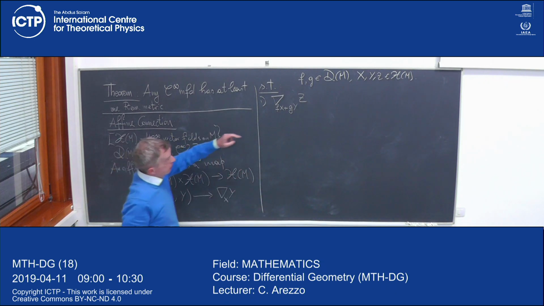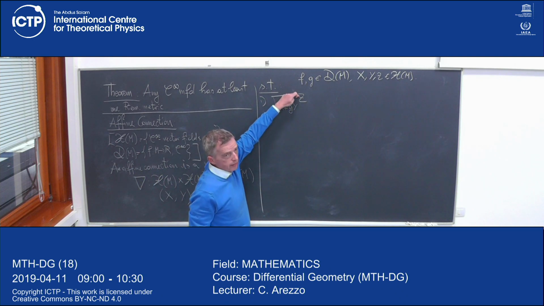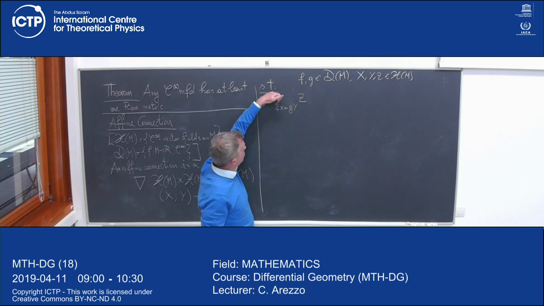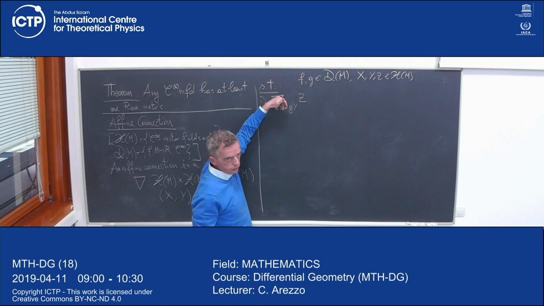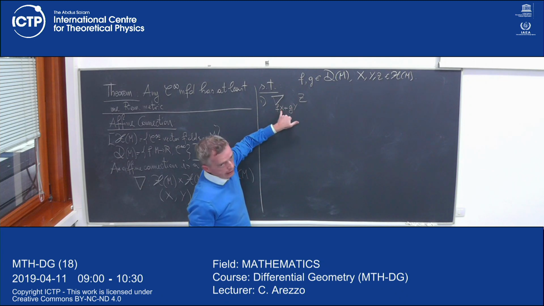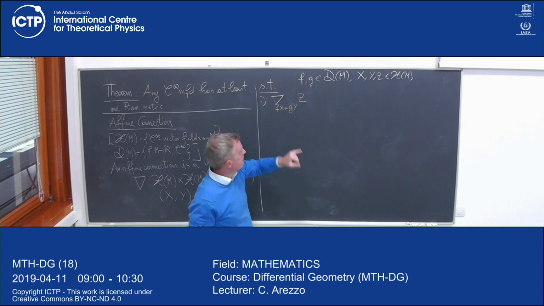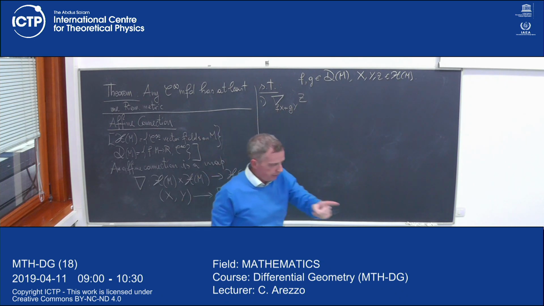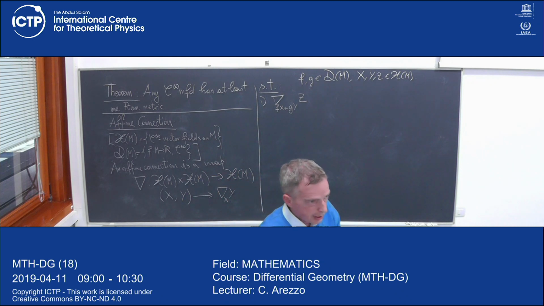So okay, in Rn, what happens if you take the derivative of a vector field in the direction f X? Let's think for a moment. The direction of the vector that you are using for the differentiation is not changing.